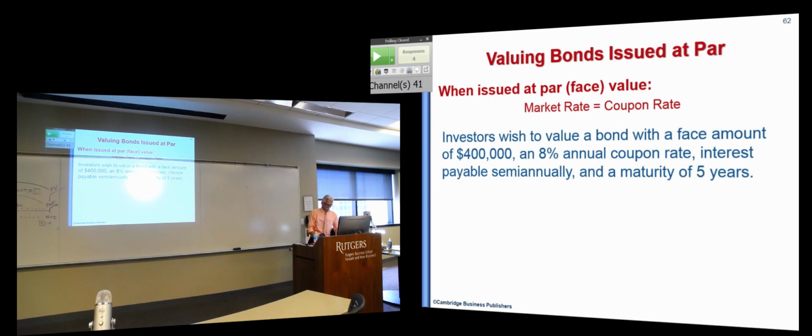Let's say that investors wish to value a bond with a face amount of $400,000. The coupon rate is 8%. Interest is payable semi-annually, and the bonds mature in 5 years. Now, once we move to a semi-annual, in this case, the market rate is 4%.